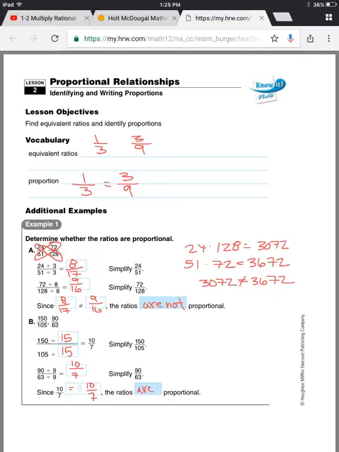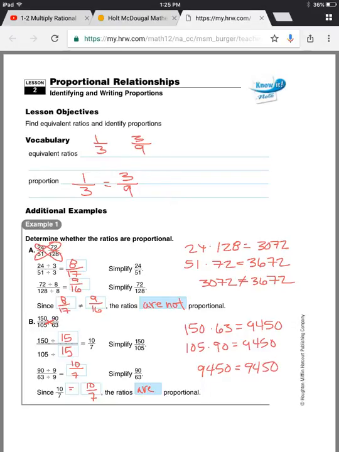To do my way and multiply, here, 150 times 63 equals 9,450, and 105 times 90 equals 9,450, and because 9,450 equals 9,450, the ratios are proportional.